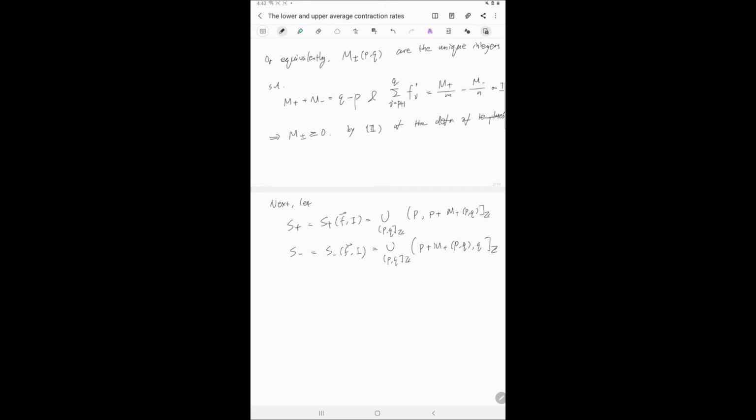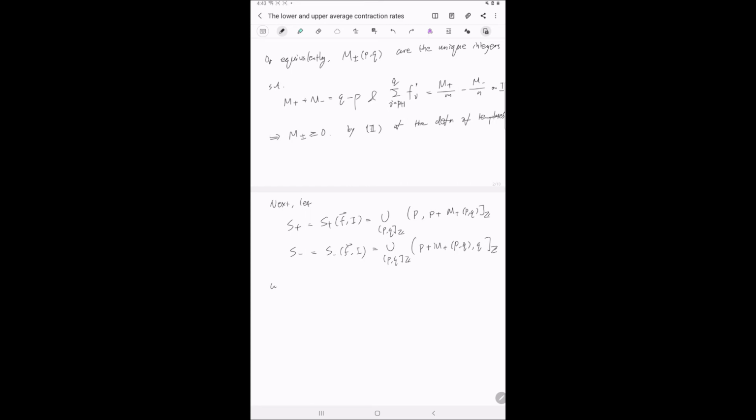The first one is the union of intervals from p to p plus m plus. The second one is the interval from p plus m plus to q. And by intervals here, we really mean the integer points in those intervals.